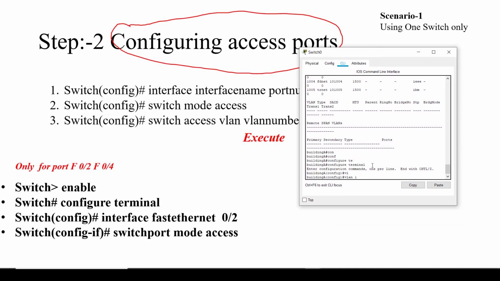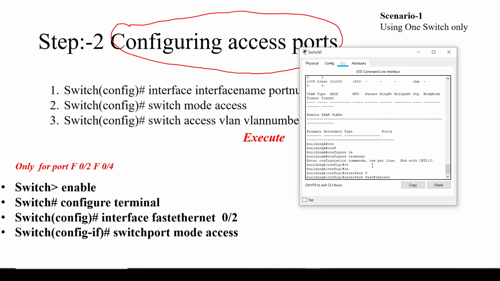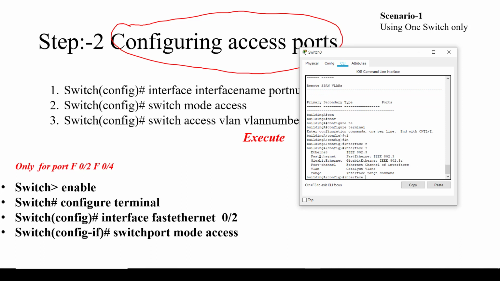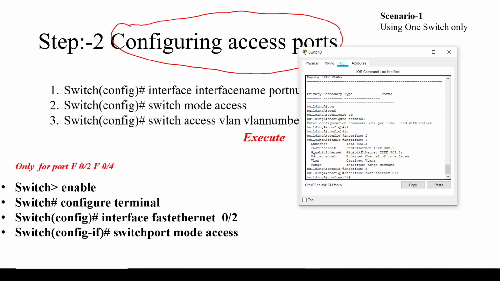Now let's go to configuration mode and type interface FastEthernet. You will find different types of interfaces; once you type interface, type a question mark and you can see the different types. Now just type FastEthernet 0/1.